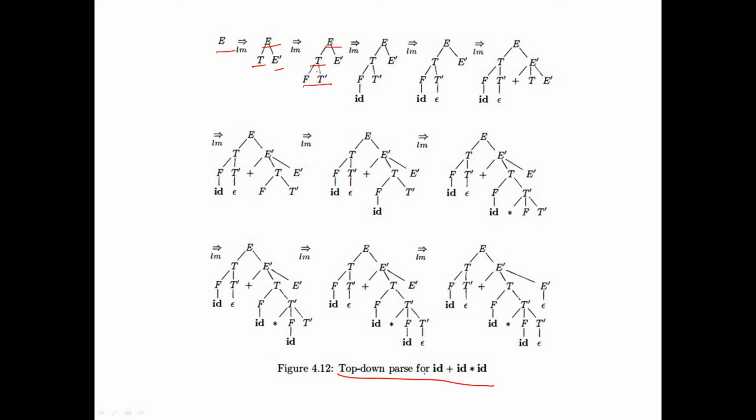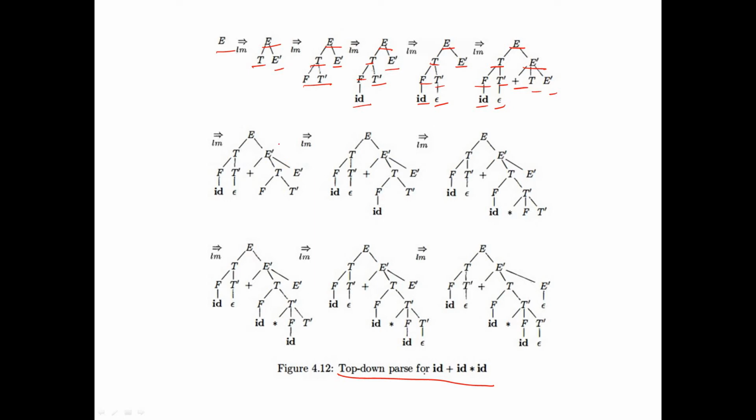T may be F T dash, and F is id. T dash may be epsilon, and then E dash may be plus T E dash.